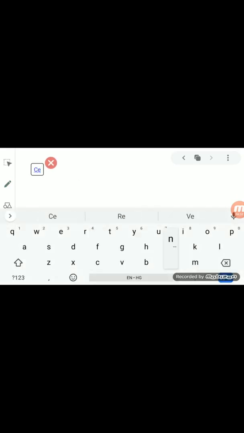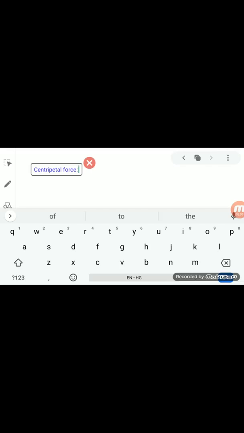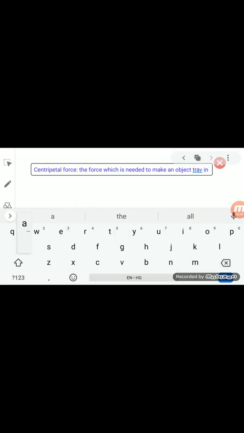So we can define the centripetal force as the force which is needed to make an object travel in a circular path.